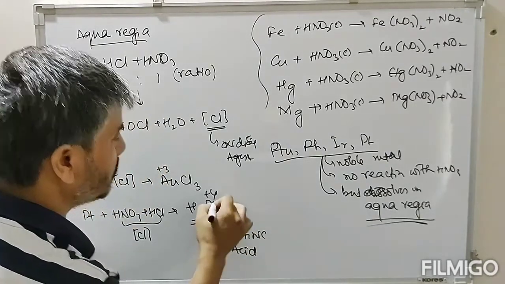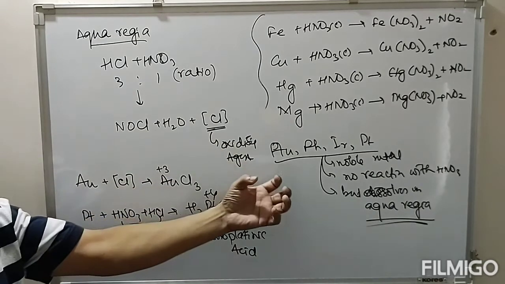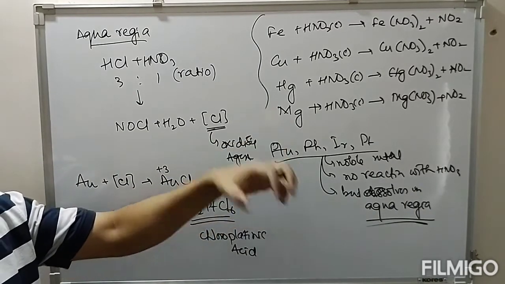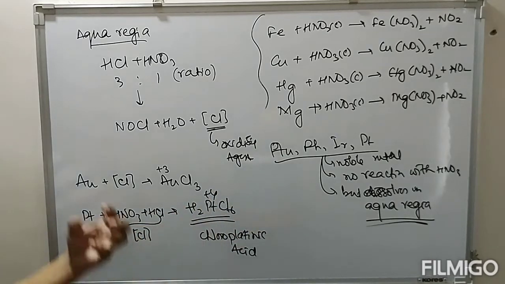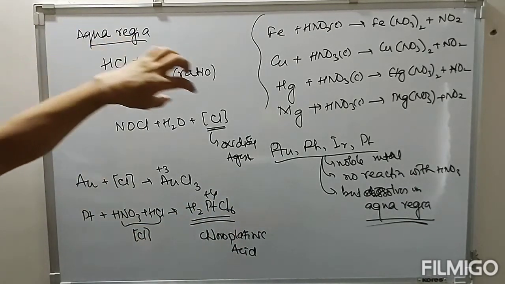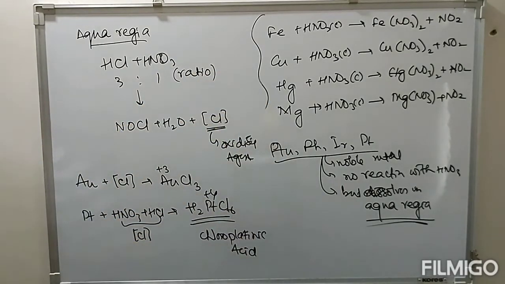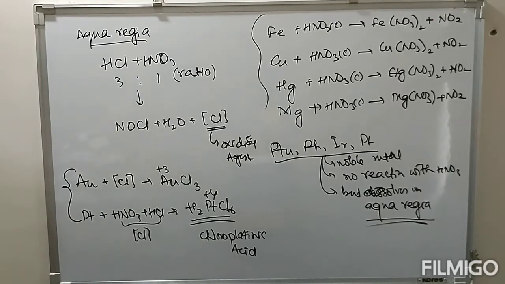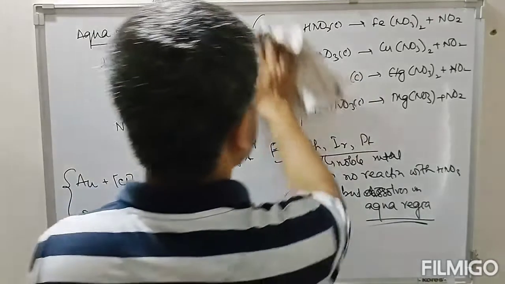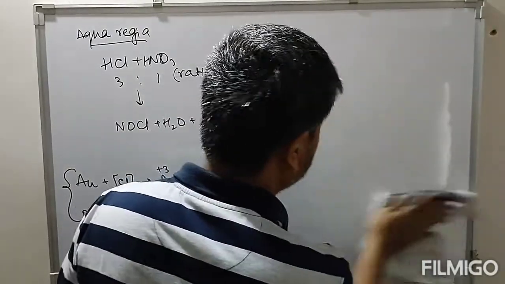So this is oxidized to +4 oxidation state. So these noble metals do not react with normal acids, but they dissolve in aqua regia, and aqua regia gives you active chlorine, and this active chlorine is acting as an oxidizing agent. This is how this reacts with aqua regia. So these were some of the properties of the oxoacids of nitrogen.